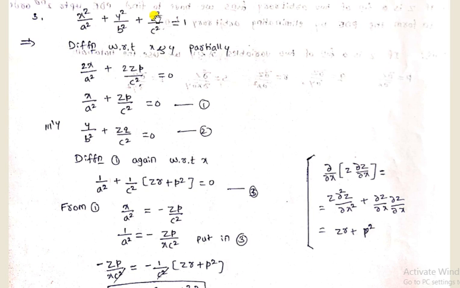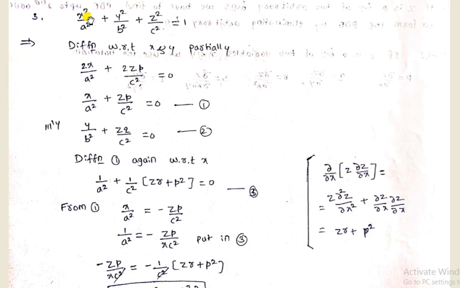So while differentiating either with respect to x or with respect to y, we'll differentiate z also with respect to x and y partially. So let us start differentiating with respect to x first here partially.